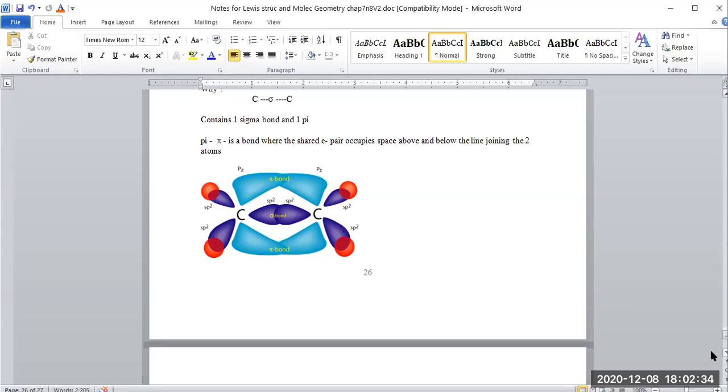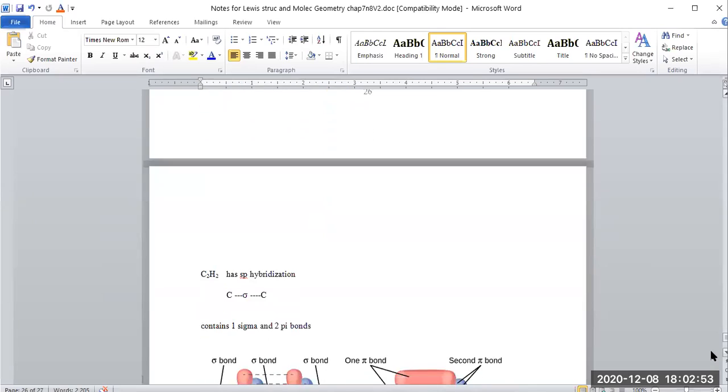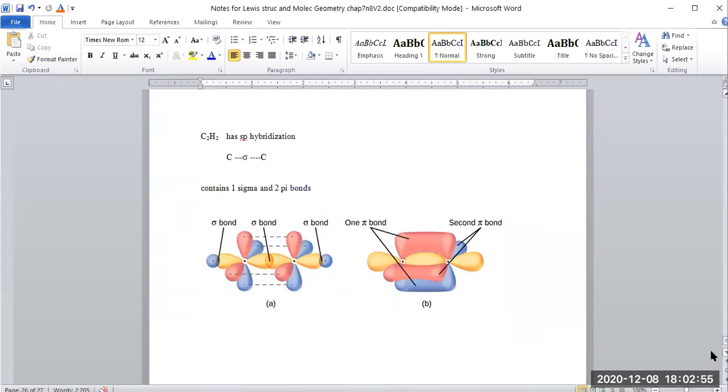Your pi bond is half on top, half on the bottom, whereas the sigma is a straight line down the middle. But we also saw triple bonds. So you definitely have to think in 3 dimensions, and I wish I had a better set of models that would image this, but the best I can come up with is some decent pictures.